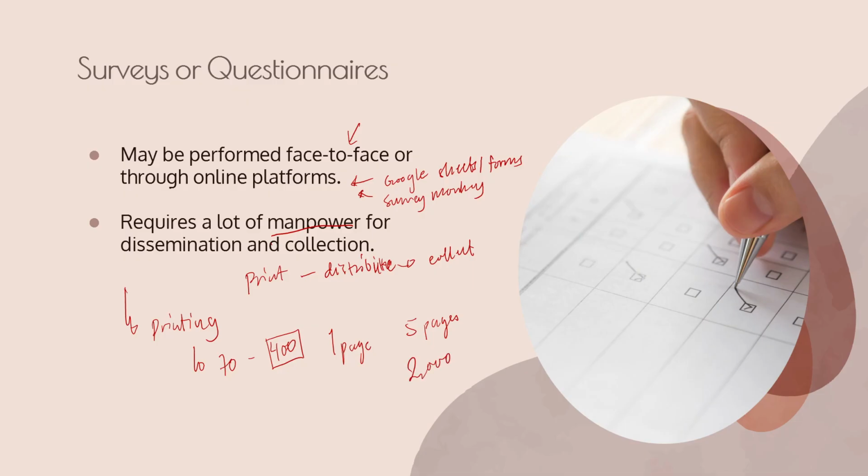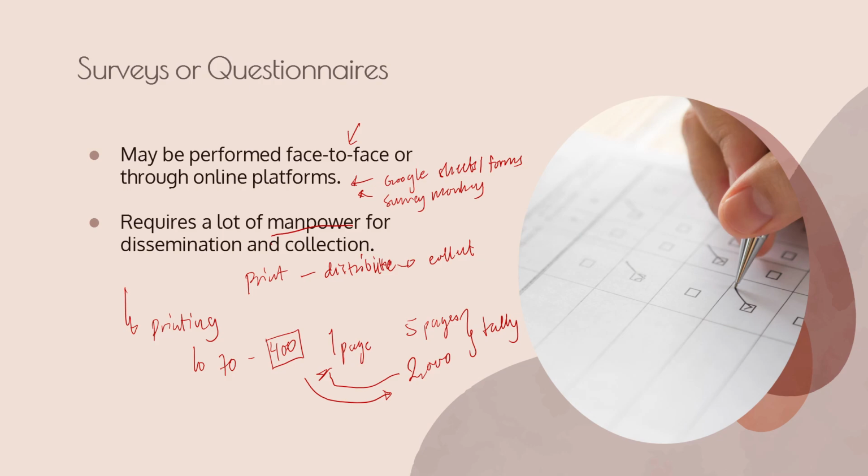And then you're going to have to disseminate these 2,000 pages to the 400 people that you're going to include in your research, and then collect your 2,000 pages from your respondents. And not only that, you're also going to have to tally all of their responses. So you're going to have to check individually if they answered all the questions. You're also going to have to check if all the questions are answered sincerely, because we cannot avoid respondents that would answer the survey questionnaires half-heartedly.